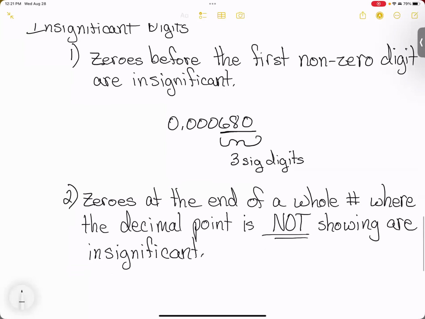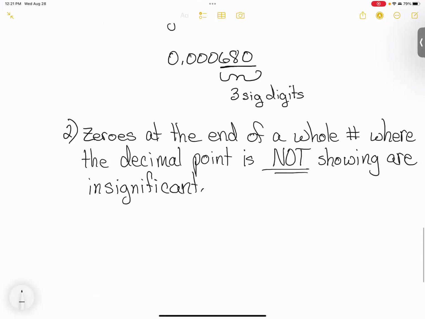So if I have 1010, that's a whole number because there's no decimal showing. There's no decimal places showing. So this is a whole number.